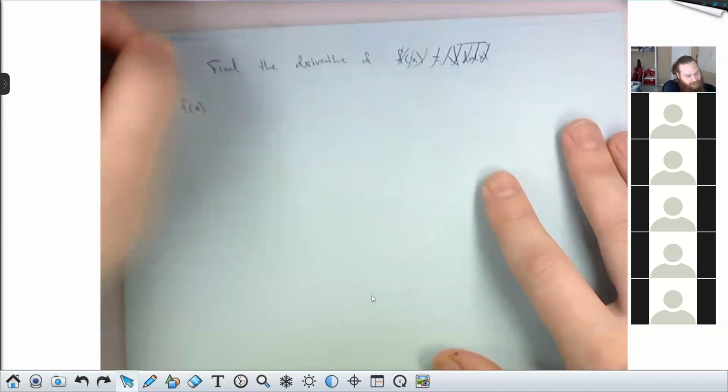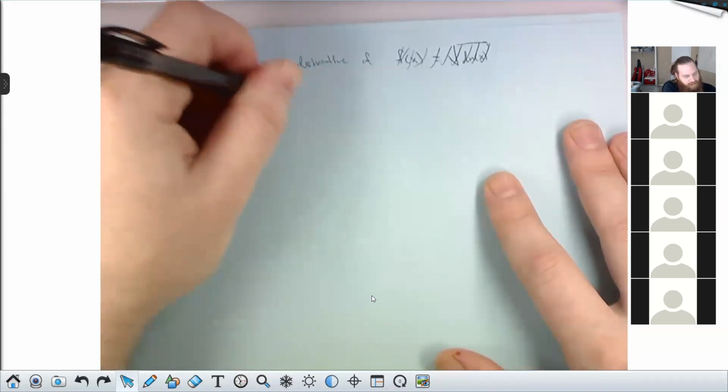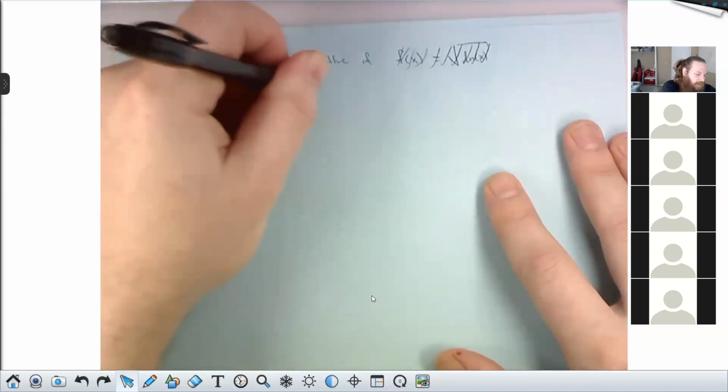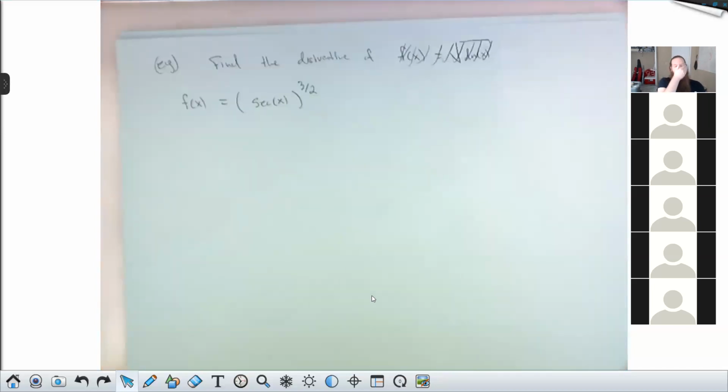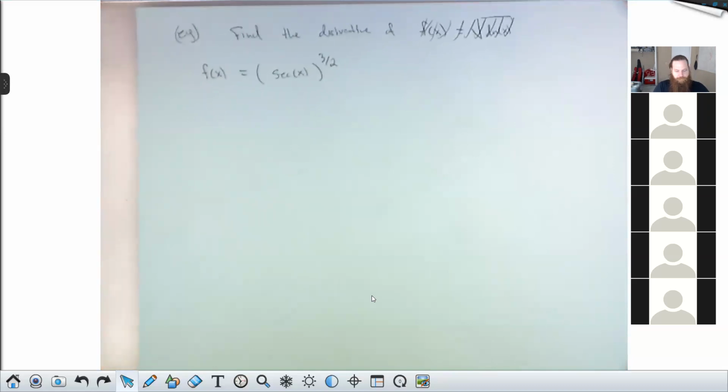f of x equals secant x to the 3/2. I'll show you how to differentiate the natural log soon. We're just not quite there yet. Okay. Any ideas what I should do here?